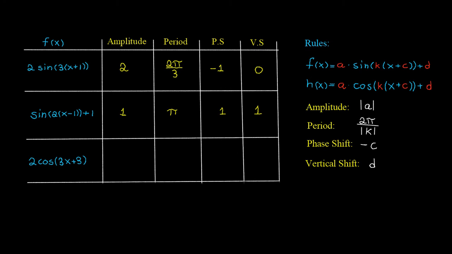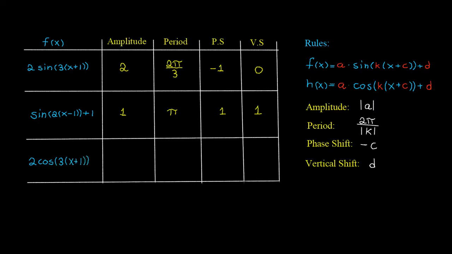And for the last one, we need to remember that it's not only the sine function these rules apply to, it's also for the cosine functions. So first off, we need to rewrite it as before, and we get, let's see now, 2 cosine of 3 times (x plus 1).